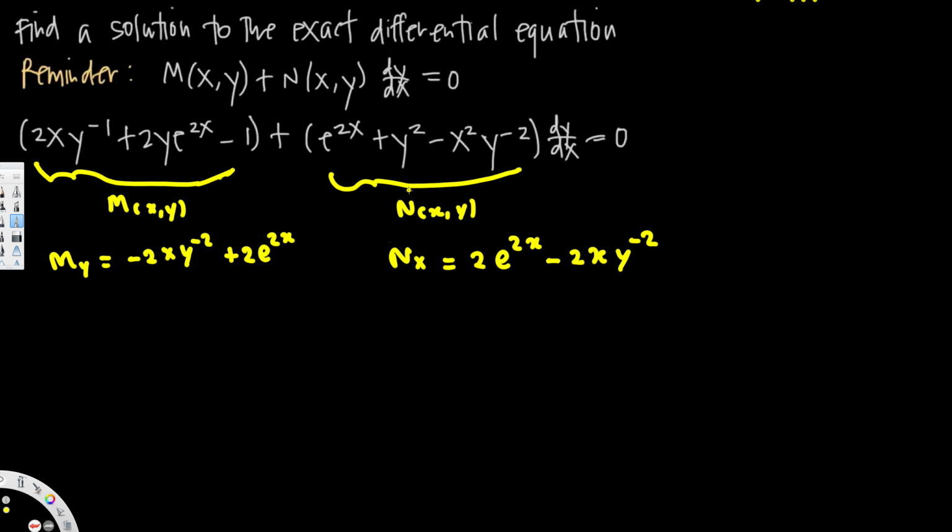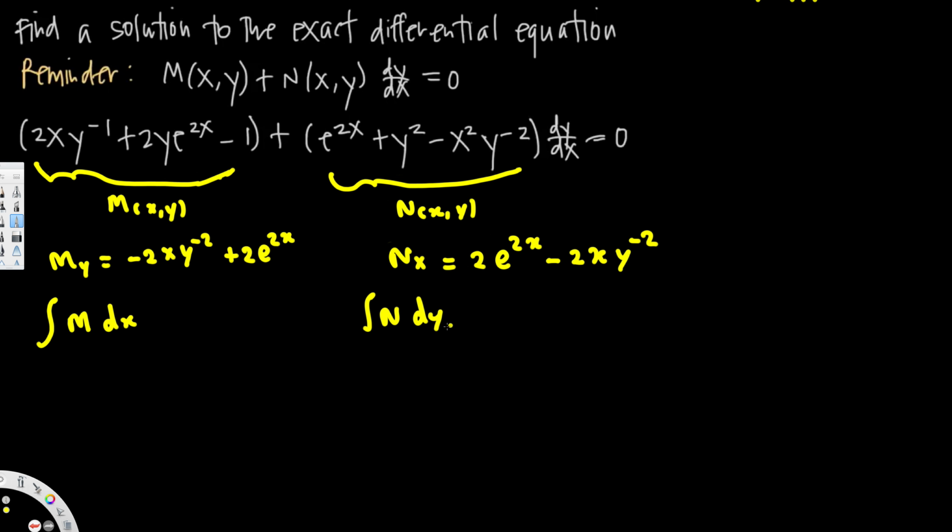To find the general solution, we take M and integrate it. There are two different methods. You can integrate M(x,y) with respect to x, that is M dx, or you can integrate N with respect to y, and then solve it.